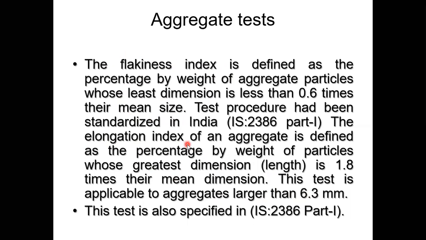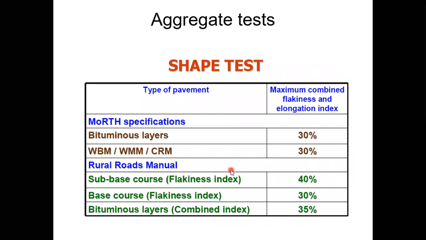In the elongation index, you consider the greatest dimension, that is length, and the instrument is called the length gauge. The test is also specified in IS 2386 Part 1. Once you conduct the shape test, you get the combined flakiness and elongation index, not separate, a combined value.